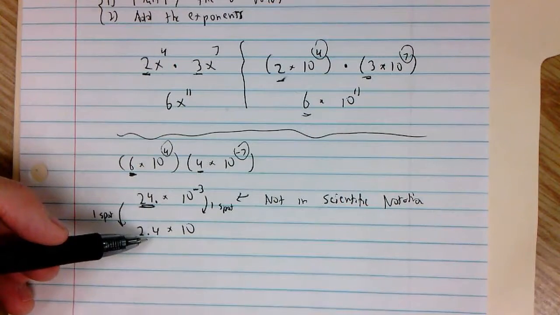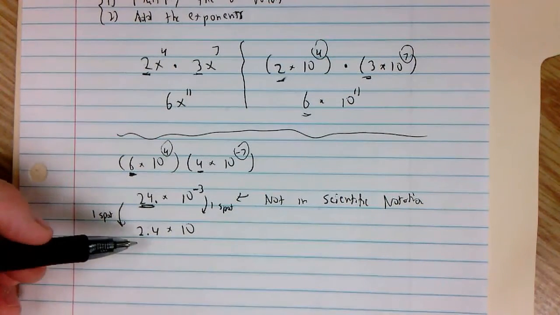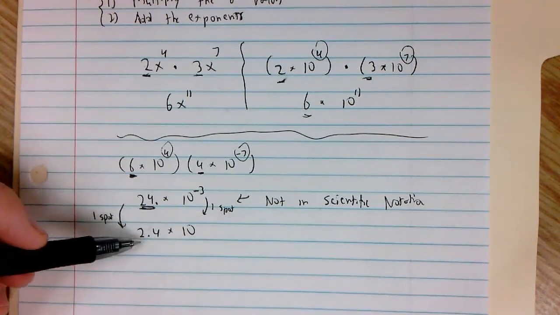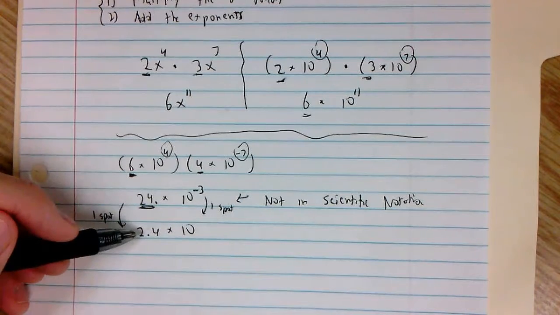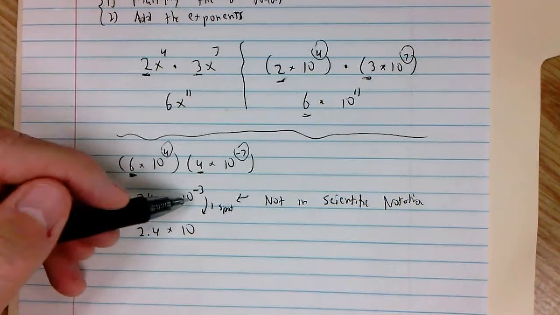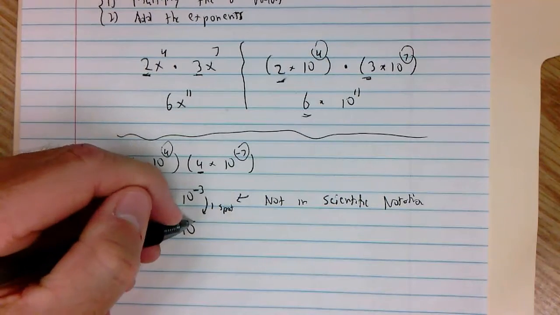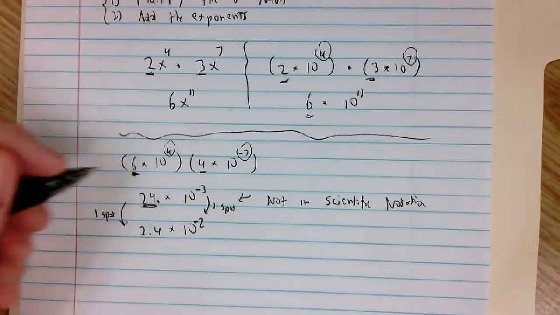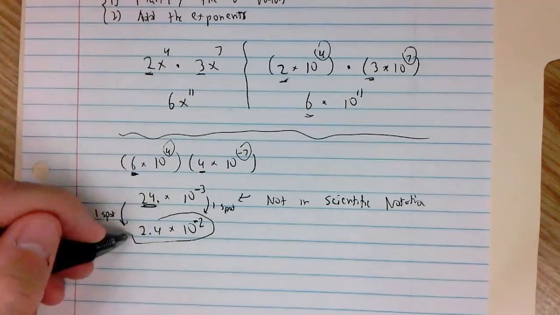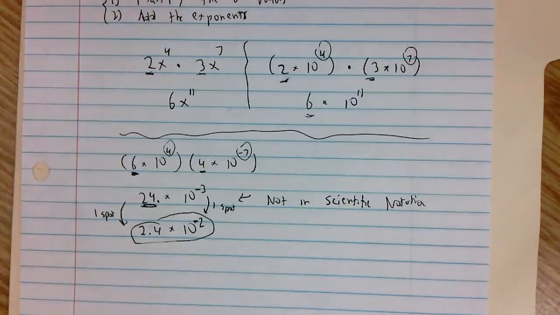We're just changing it so it's in scientific notation. But we want them to have the same value. So to make up for the number getting smaller, the exponent needs to get bigger. And -3, one spot bigger, remember that would be -2. And this would be my answer, 2.4 times 10 to the -2nd.